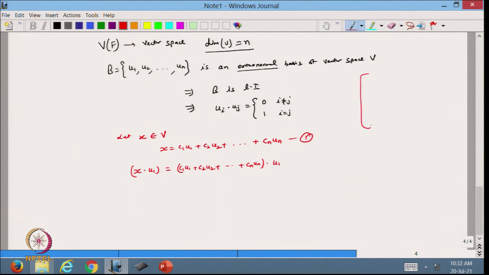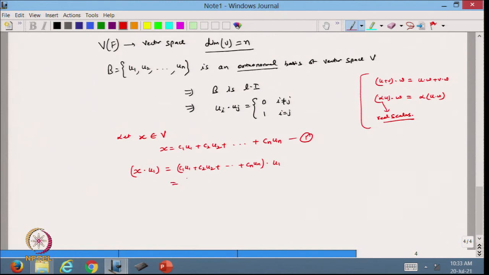Now we know that in the dot product, suppose I have vectors u plus v taking the dot product with w, it can be written as u dot w plus v dot w. And I also know that alpha u dot w is alpha times u dot w. We are talking about real scalars, so we already know this property.